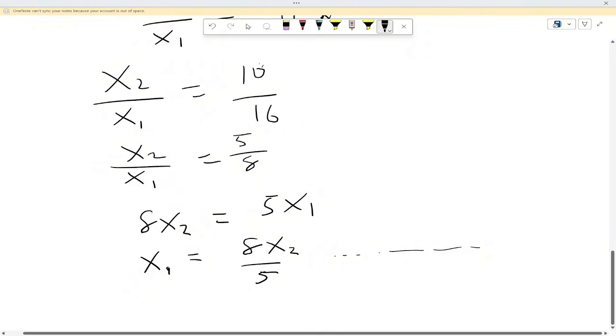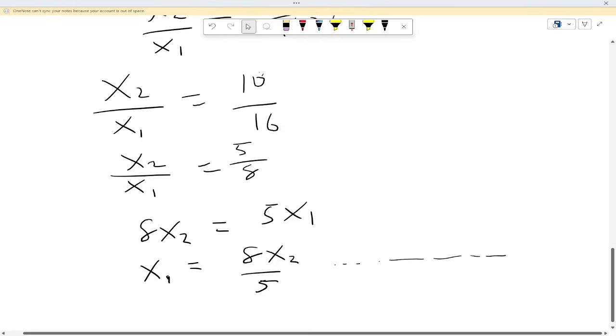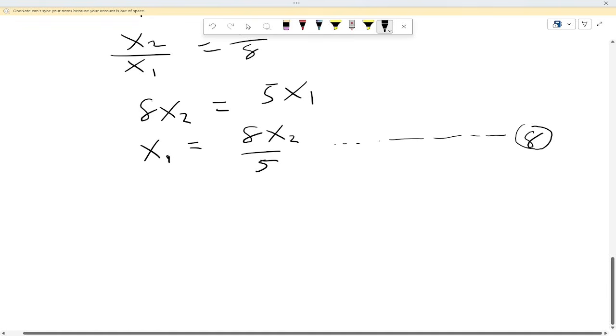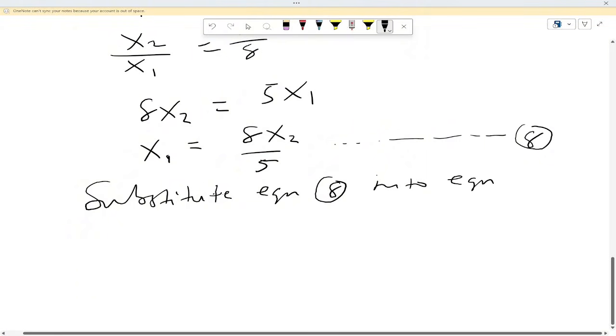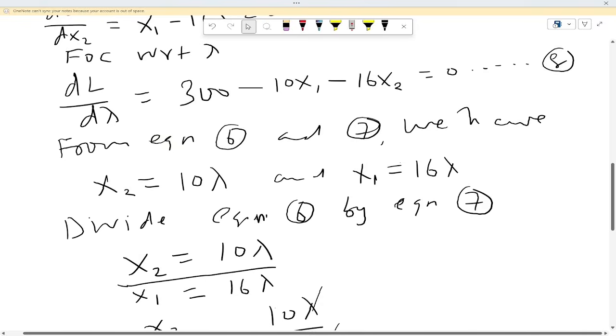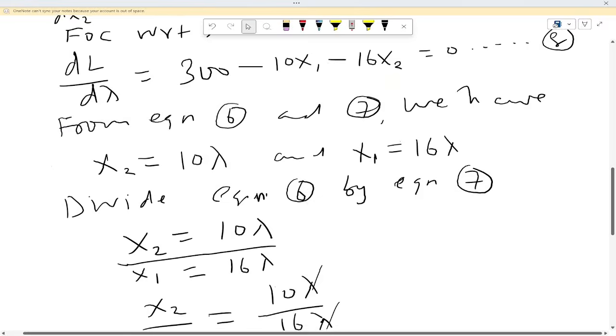Now you can call this, what is our last equation? Okay, that is equation 8. Now you can call this equation 8. So you substitute equation 8 into the equation with the lambda, when we differentiate.